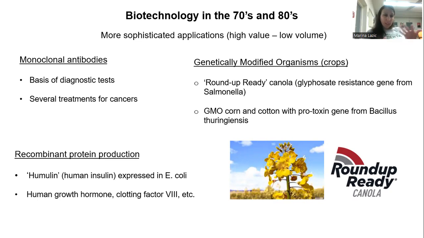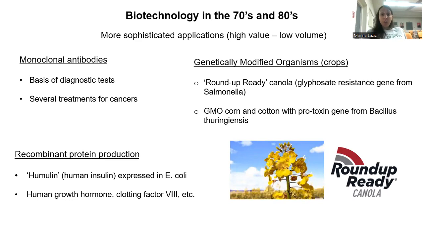Monoclonal antibodies are the basis of diagnostic tests, and there are several cancer treatments that include monoclonal antibodies. In terms of recombinant protein production, you probably all heard about human insulin that was expressed in E. coli, then growth hormone, clotting factor. Various hormones have been produced as recombinant proteins.